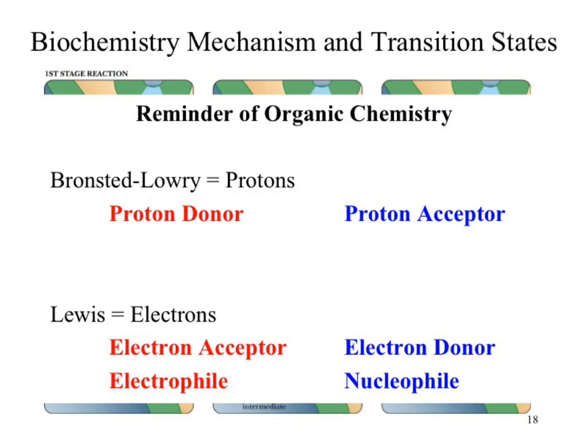I need you to know what's happening with each of these, because that's what's driving all of our chemical reactions, what's happening at each of those stages. If you're looking at just the transfer of a hydrogen, and that is the only thing that occurs, you're now a Bronsted-Lowry acid or base, depending on what direction you're going.